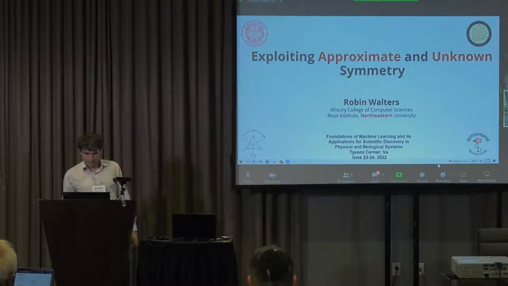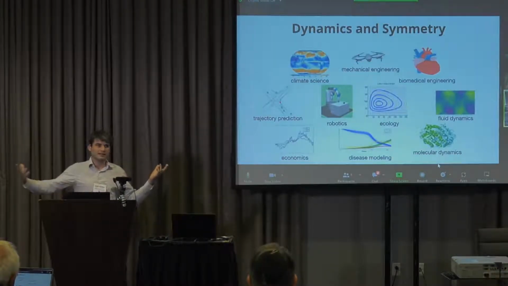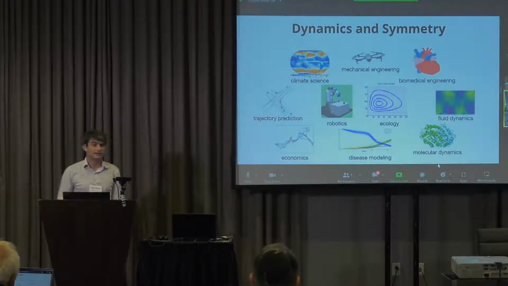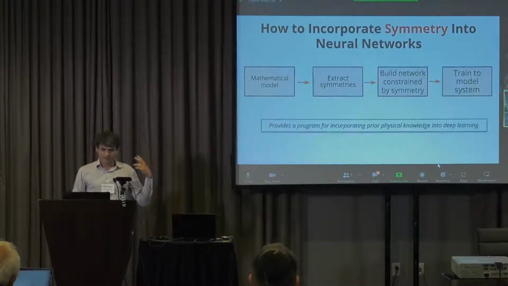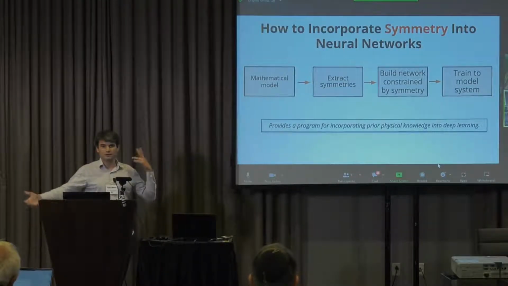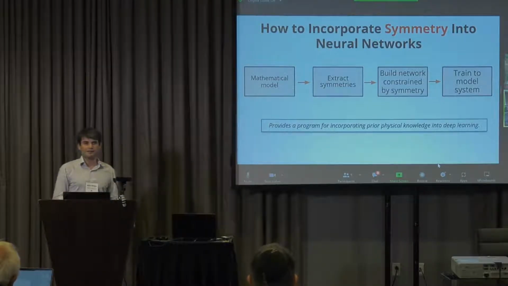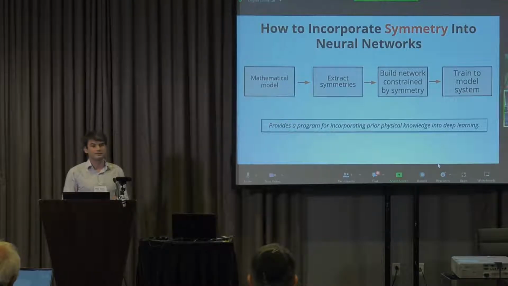The type of problems that I think about are problems that involve dynamics and symmetry, which is quite a broad class of problems. The common strategy that I use to approach those problems is, I'm not a domain expert in all of the domains that I showed, but I locate some kind of mathematical model for the time evolution of that system that I want to study.